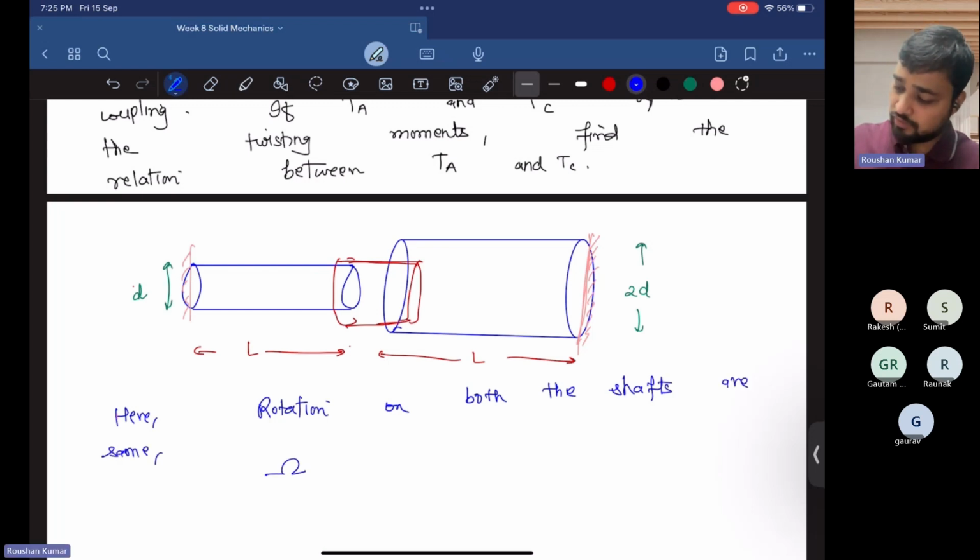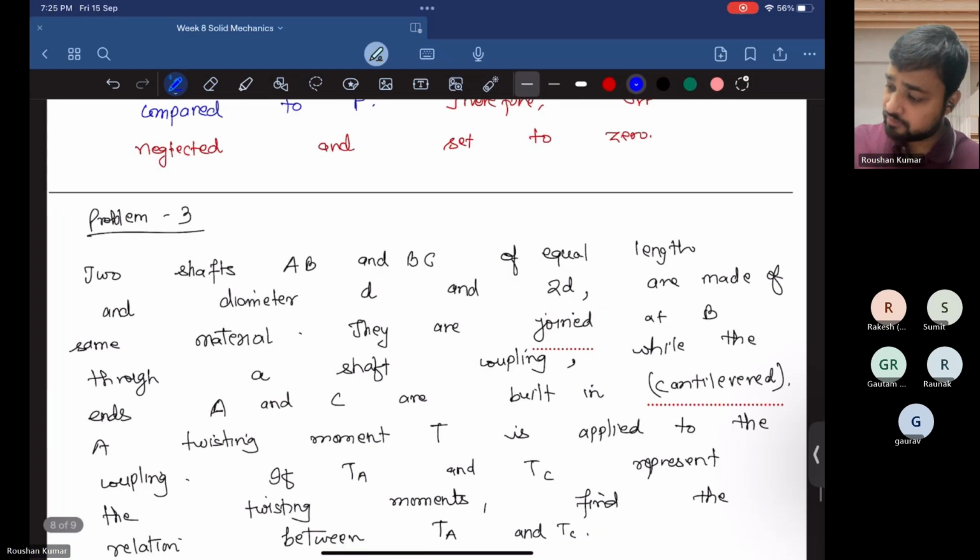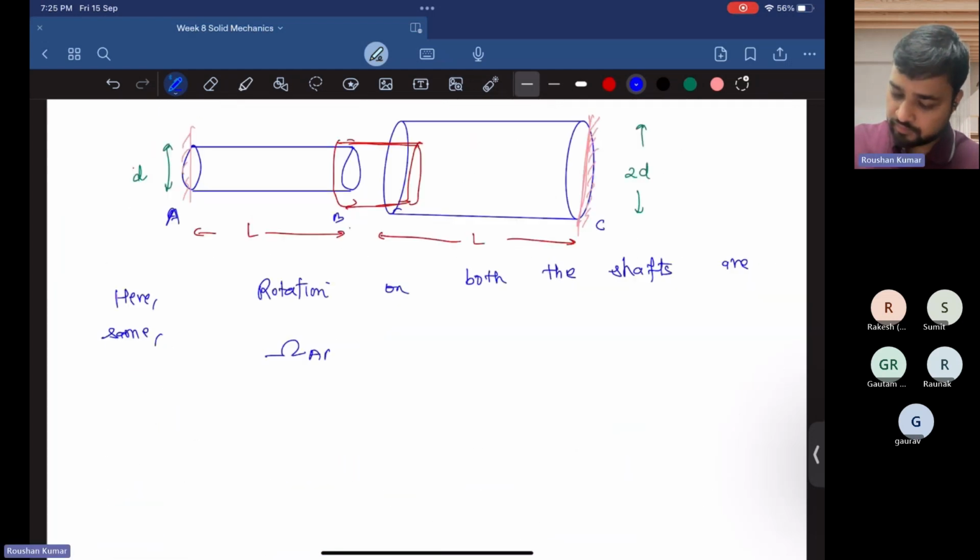That means the rotation on AB and the rotation on BC are the same.